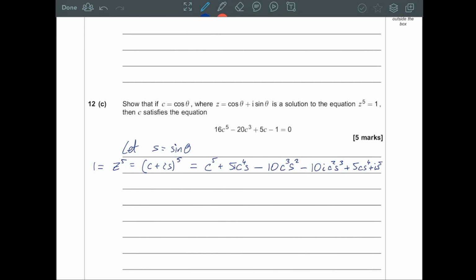Things to notice is the powers of C decrease, the powers of S increase. I've got Pascal's triangle 1, 5, 10, 10, 5, 1. And the i things go 1, i, negative 1, minus i, 1, i.